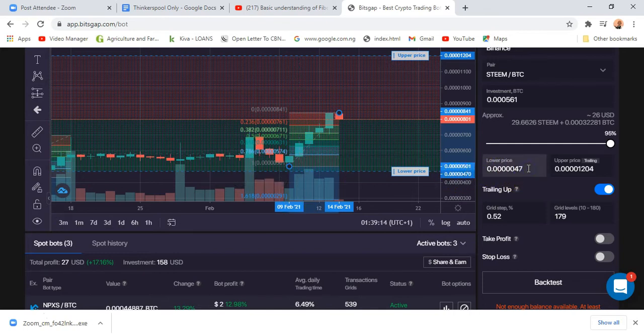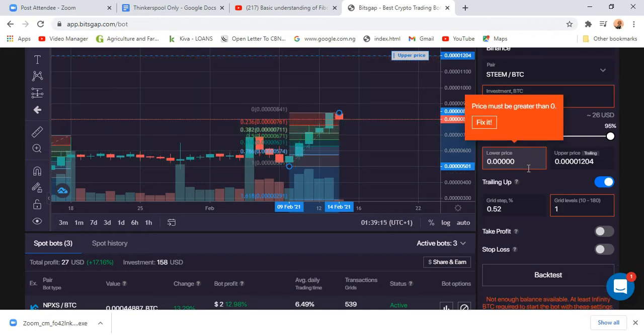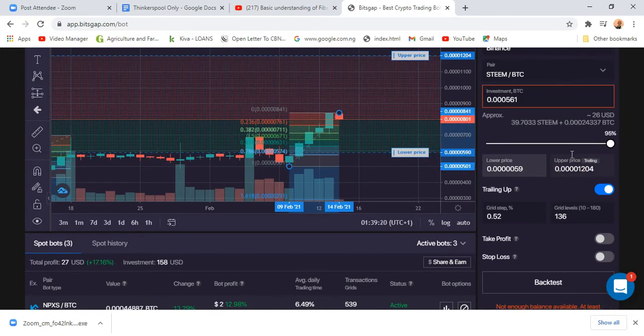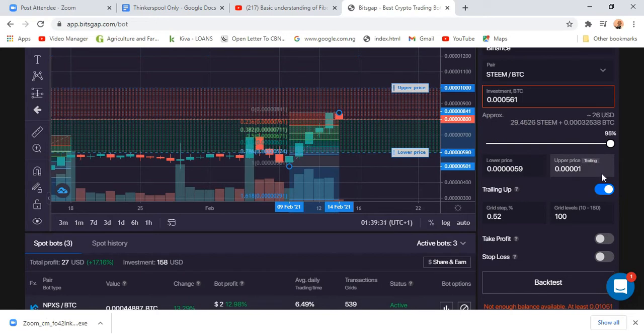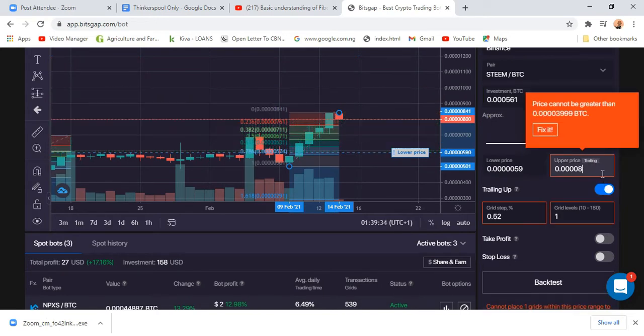So you're going to come here and make it your low price of 0.59. Okay, so if that is the case, I'll come here and make my upper price limit 850 Satoshi.